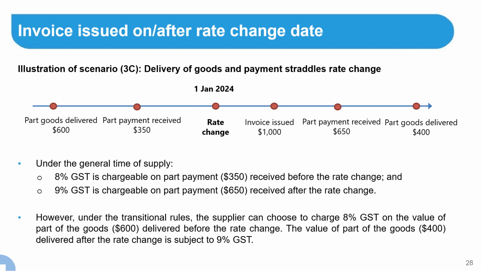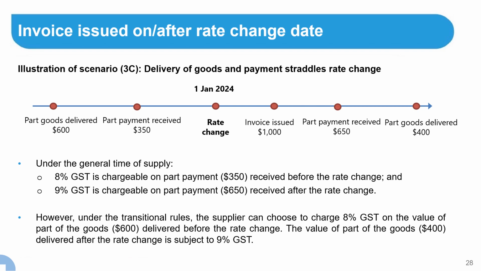Lastly, for scenario 3C, the supplier received part payment and delivered part of the goods before the rate change date. The remaining payment is received and goods delivered after the rate change date. According to the general time of supply rule, GST shall be charged at 8% on $350 received before the rate change date and 9% on $650 for the remaining value of the goods.